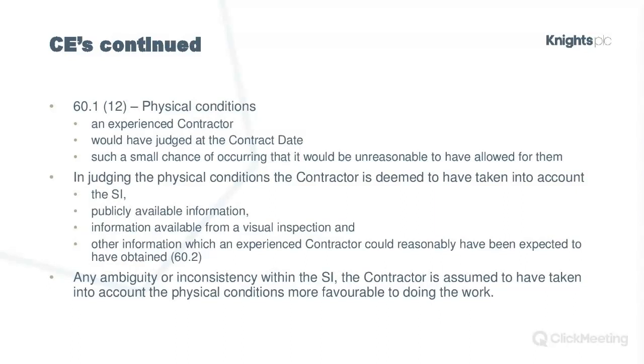So this is physical conditions on site, not weather, which an experienced contractor would have judged at the contract date, so at the start of the contract, that it would have such a small chance of occurring that it would be unreasonable to have allowed for those physical conditions in your price. So bear that in mind, because it does give you some wriggle room. It's not saying you should have priced for it. It's slightly more nuanced than that, and as I say, it gives you slightly more ability to make a claim.